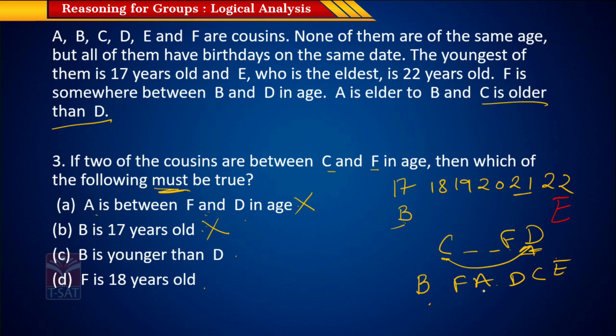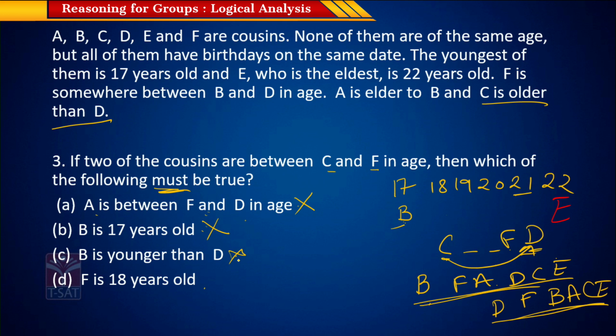So if we have D, then B, and we have F, and we need 2 in between C. So C should be older than D, so it should be here, and A. So yes, this is a possibility. B does not have to always be younger than D.